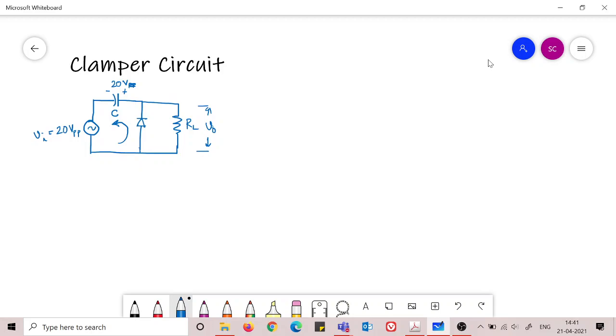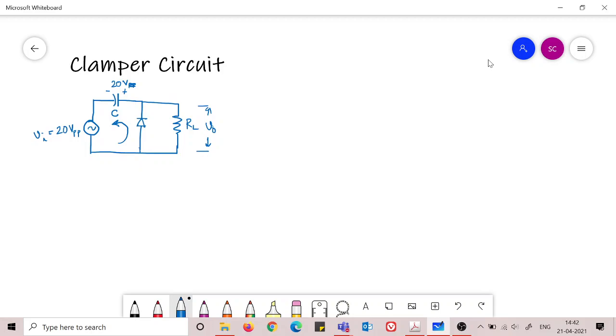Next, in the positive cycle, this diode will become off completely. What would happen? The voltage V0 will then become this voltage plus this additional 20 volts, right?